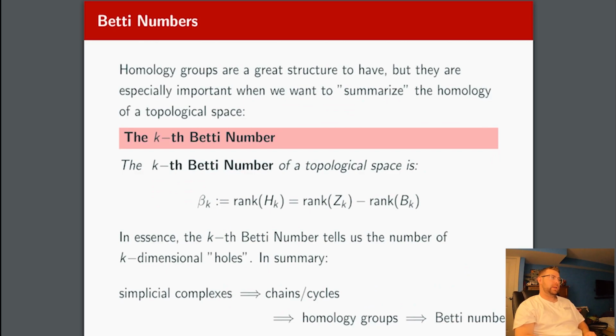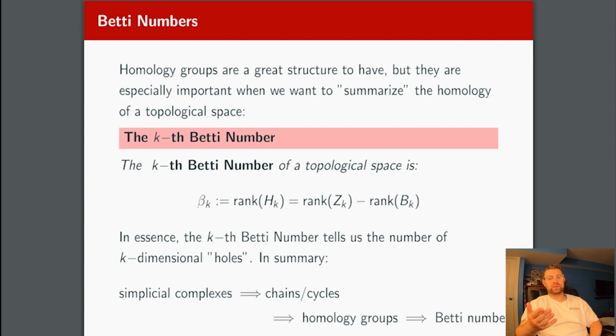So now we're going to look at something called Betti numbers. Betti numbers are a way to summarize the homology groups and the homology of a topological space, which is great. The definition: the kth Betti number of a topological space is the rank of its homology group. That's the size of the largest linearly independent subset.